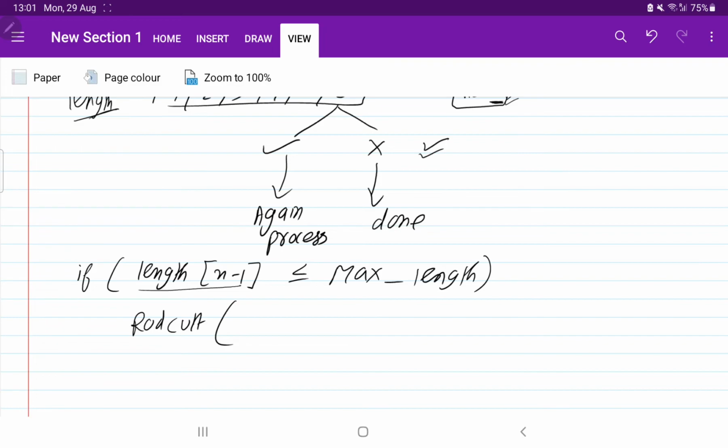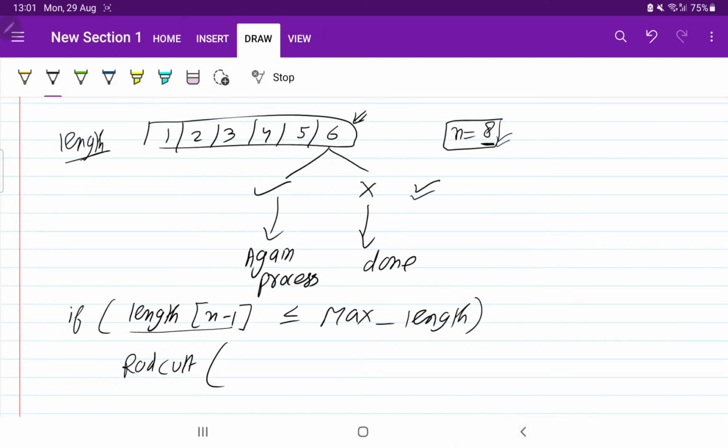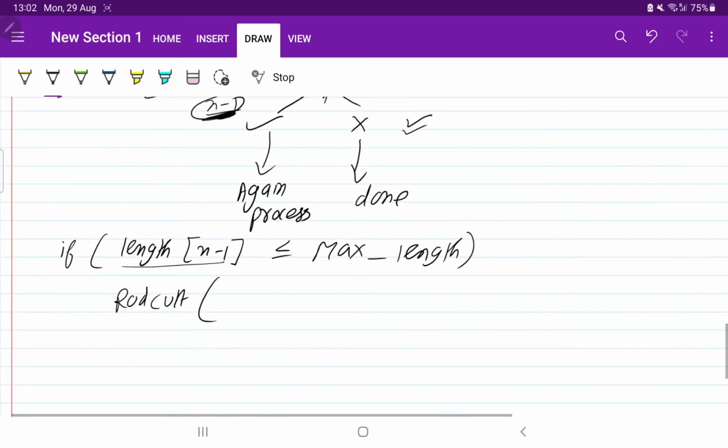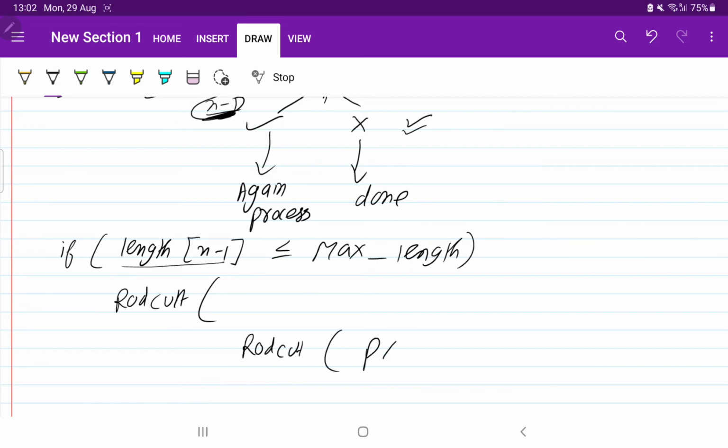Okay, so leave it means now we have taken the decision on this element. Now the length of array will decrease. Suppose here the size of length is n, the length of array will decrease here, because we have already taken the decision, right? So it will be like this: rod cut, price array, length array will be same, maximum length is also same because we are not taking that element.